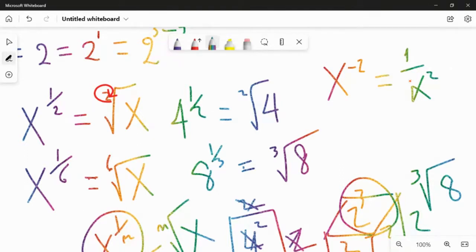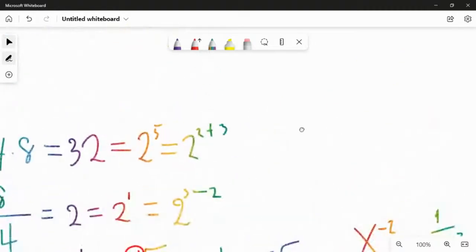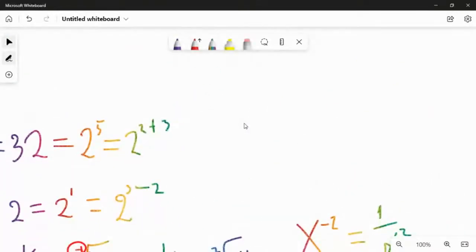Also, we can say then, x to the negative n is 1 over x to the n. Again, another rule is power of power.